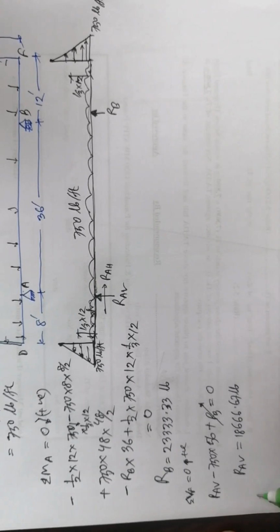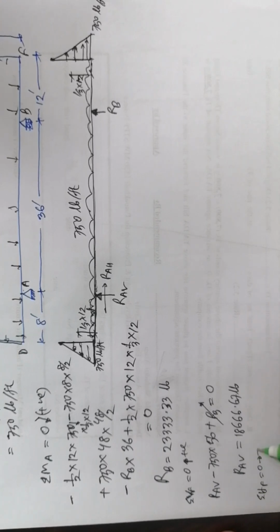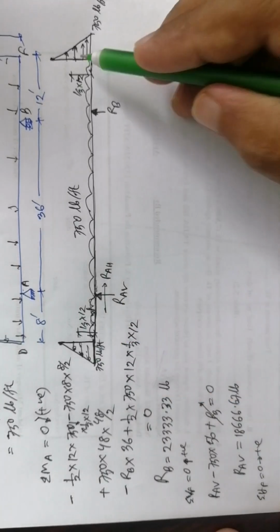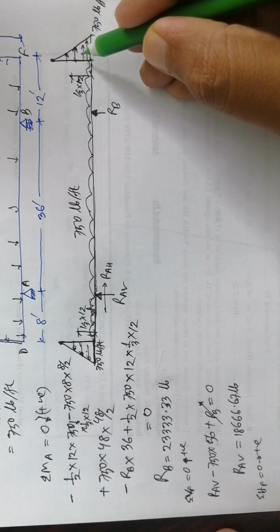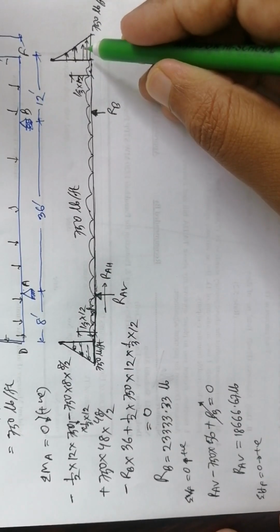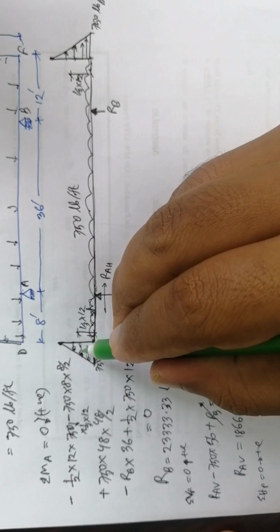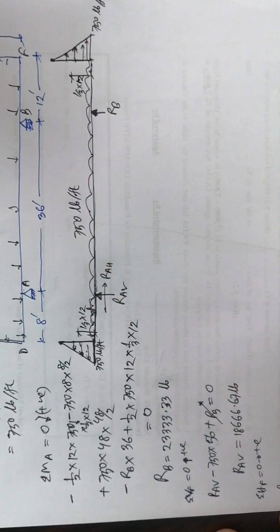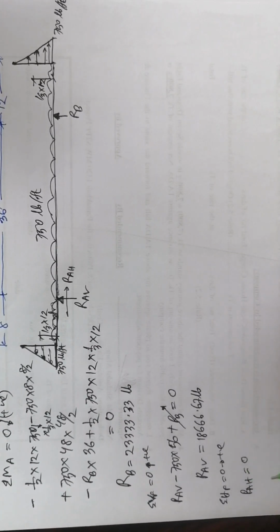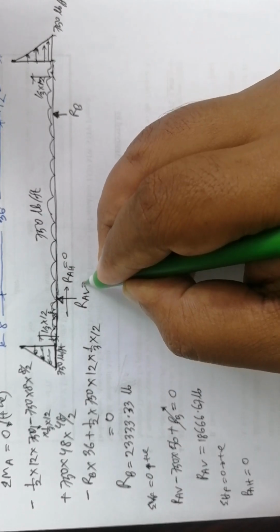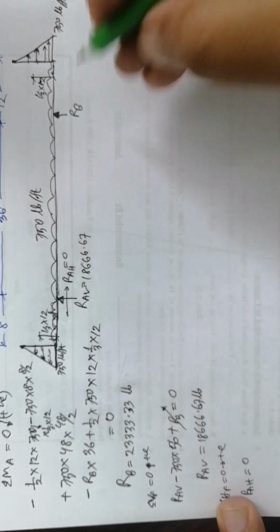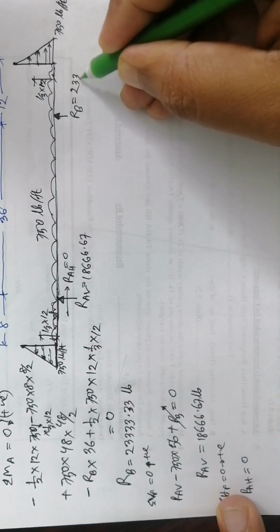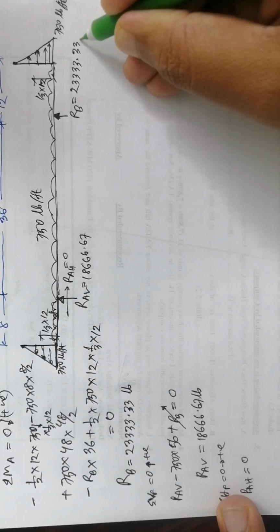Now the summation of horizontal force equal to 0: the horizontal forces are in opposite directions and cancel, so RA horizontal equals 0. So RAV is 18666.67 and RB is 233.33 pound.